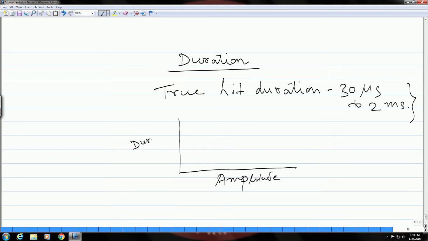The data will be in terms of the duration, as I said, that is the parameter that we are going to use, and you plot it as a function of the amplitude. If you keep getting acoustic emission signals from a particular source, that signal will increase over time in size and in strength.